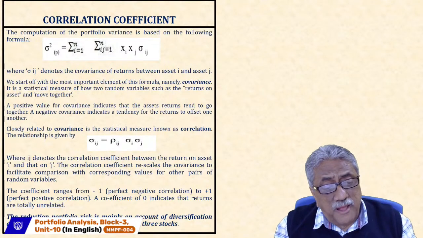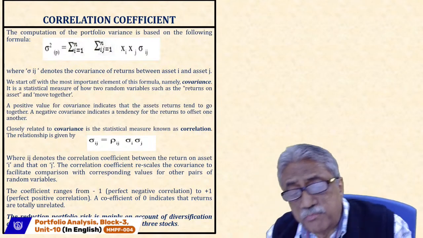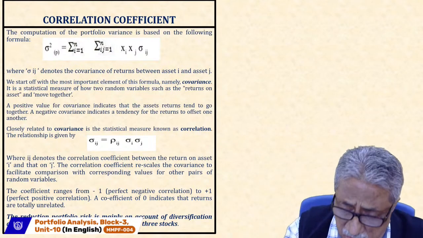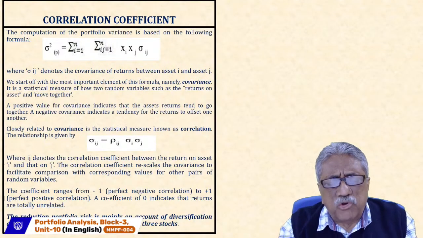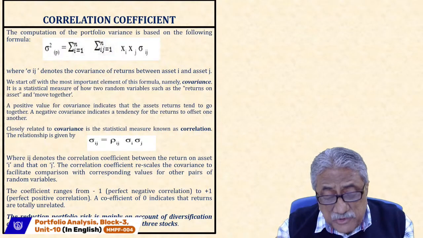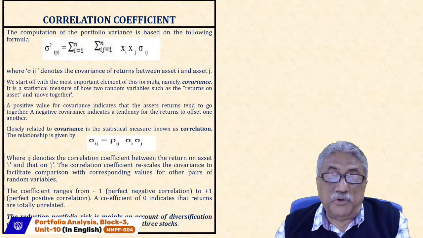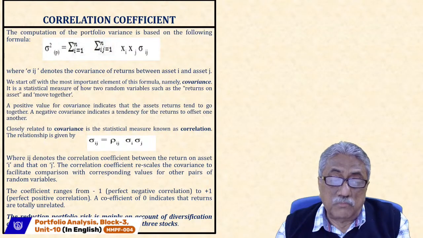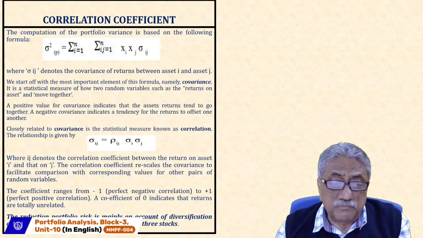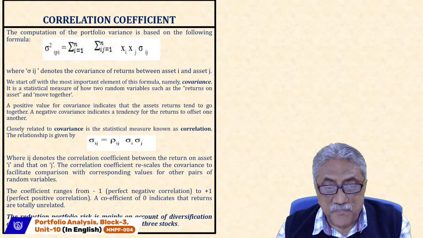The final bold line we are giving: the reduction of portfolio risk is mainly on account of diversification, because you are diversifying with less than perfect correlation between the three stocks or two stocks. Less than perfect correlation.